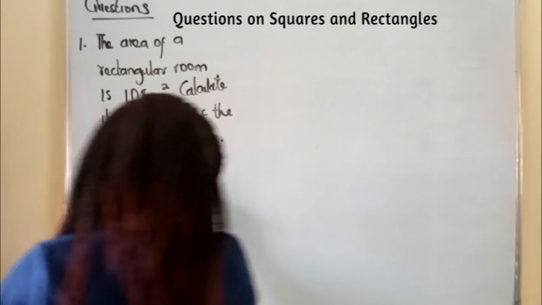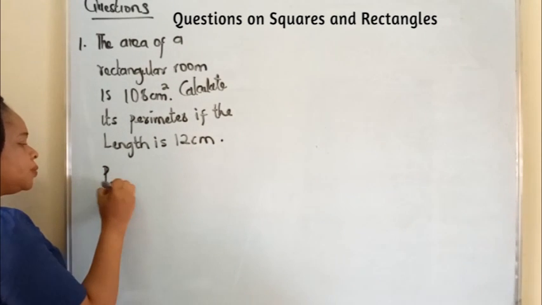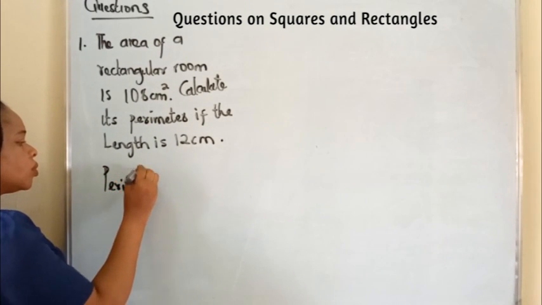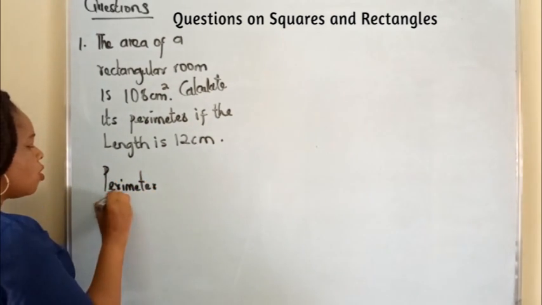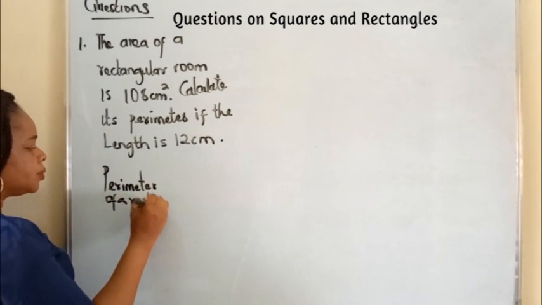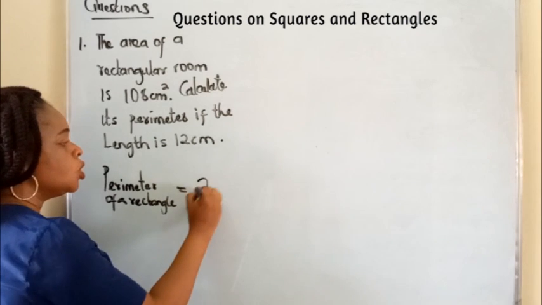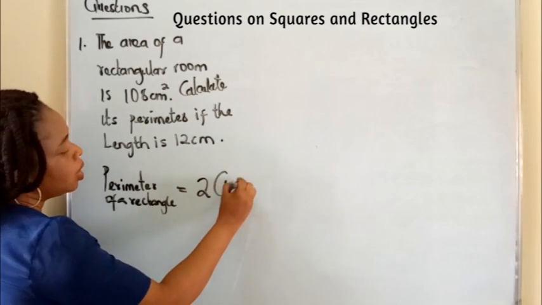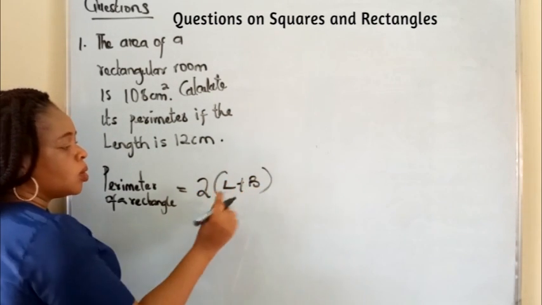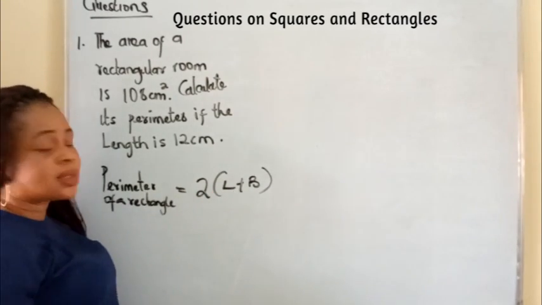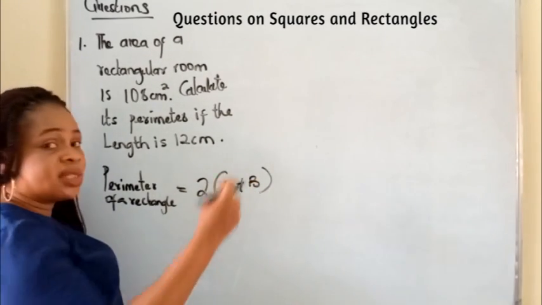Now let's look at it. Perimeter of a rectangle is equal to 2 into (L plus B), where L is the length and B is the breadth.